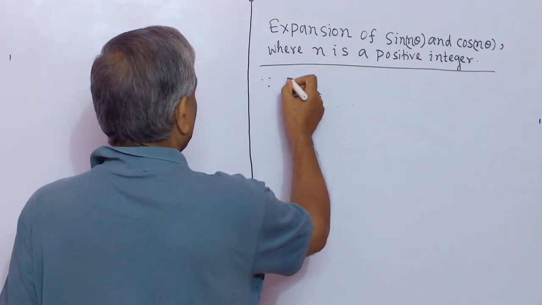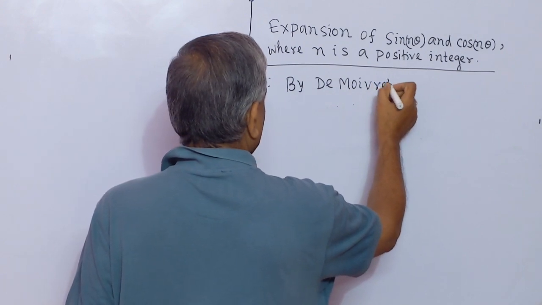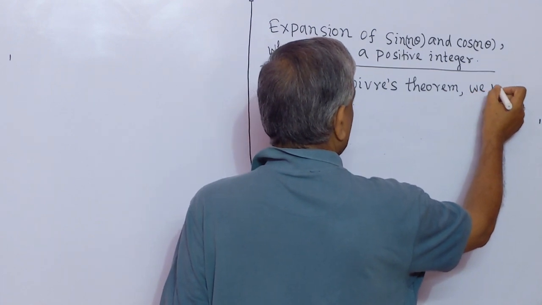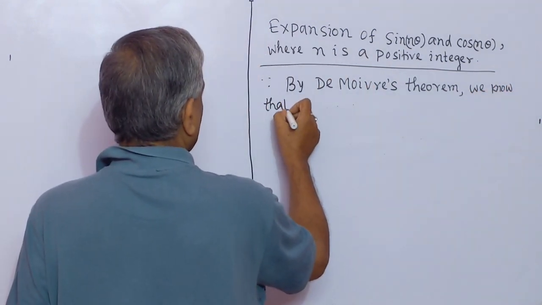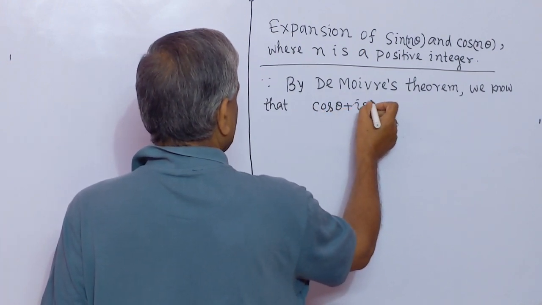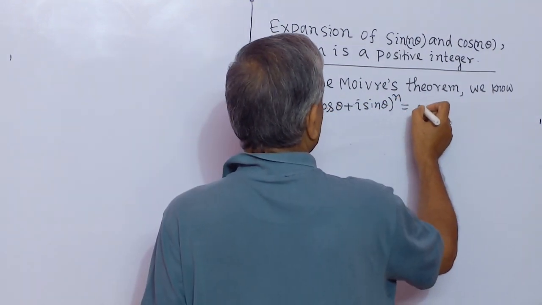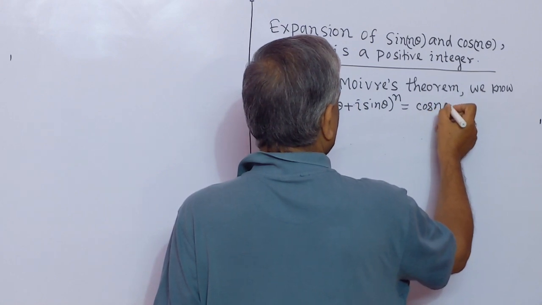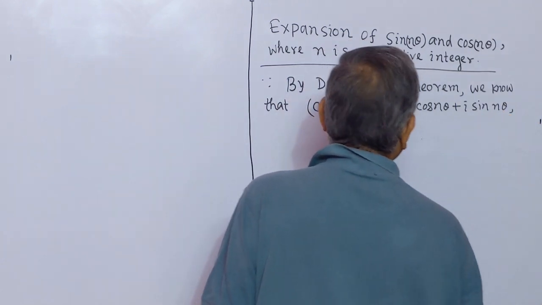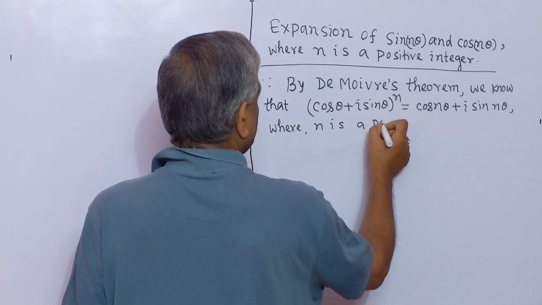Since by de Moivre's theorem we know that (cos theta plus i sin theta) whole to the power n equal to cos n theta plus i sin n theta, where n is a positive integer.